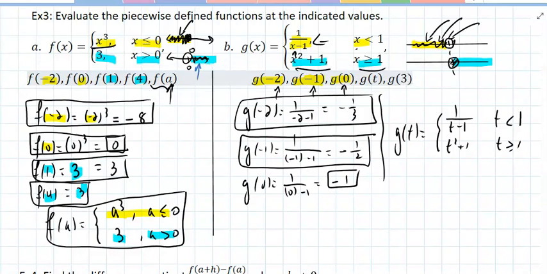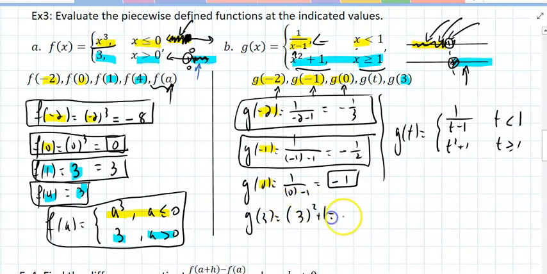Well, if I look at g of 3, I notice that 3 is to the right of 1. And if it's to the right of 1, I'm going to use the blue. The blue will be 3 squared plus 1. 9 plus 1 is a 10.